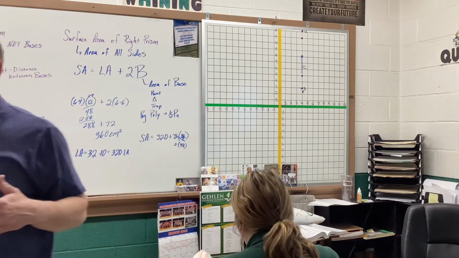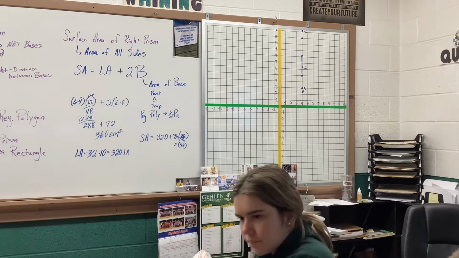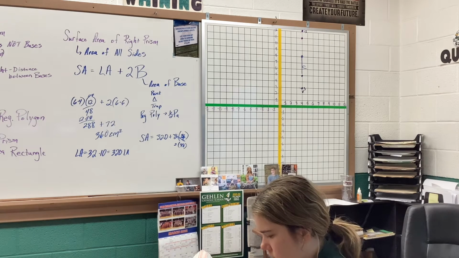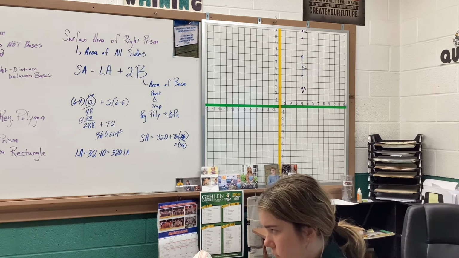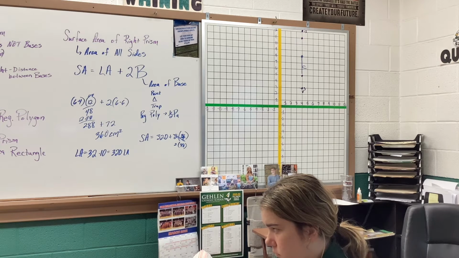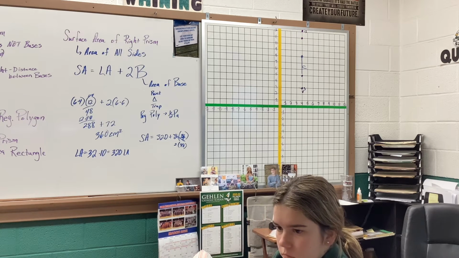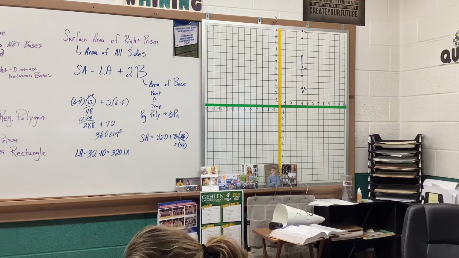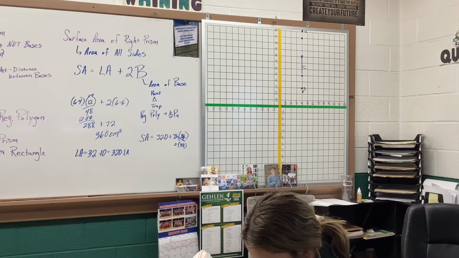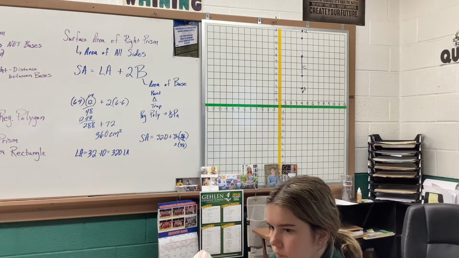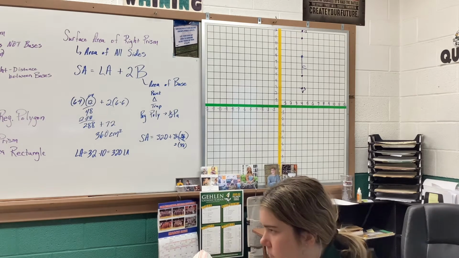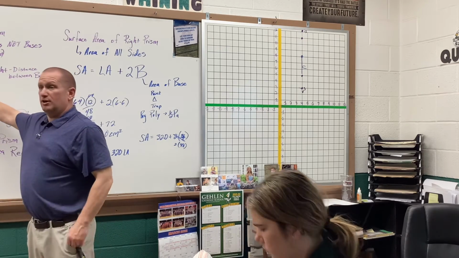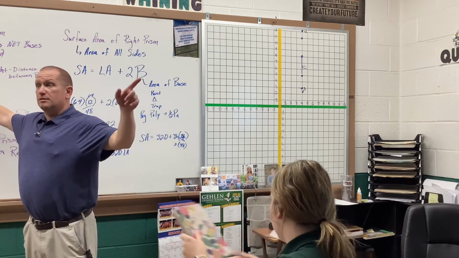If they would have told you that that was a regular triangular prism, what would we have done differently? The perimeter would have been different. We did the Pythagorean theorem, then the perimeter.